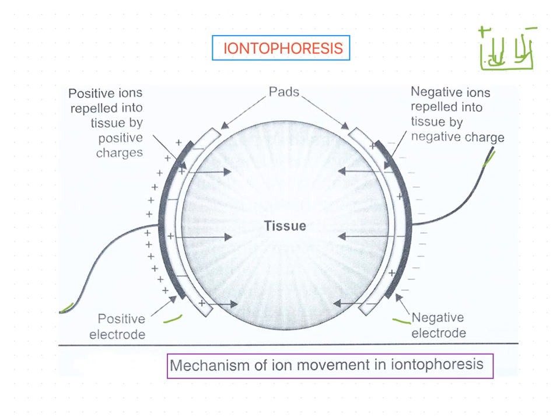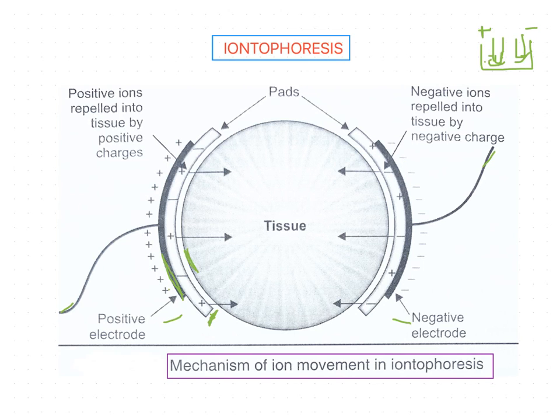So what happens? Electrolysis of the chemical produces ions. Here, in between the electrodes and the skin, we keep a pad or a sponge consisting of a drug solution.